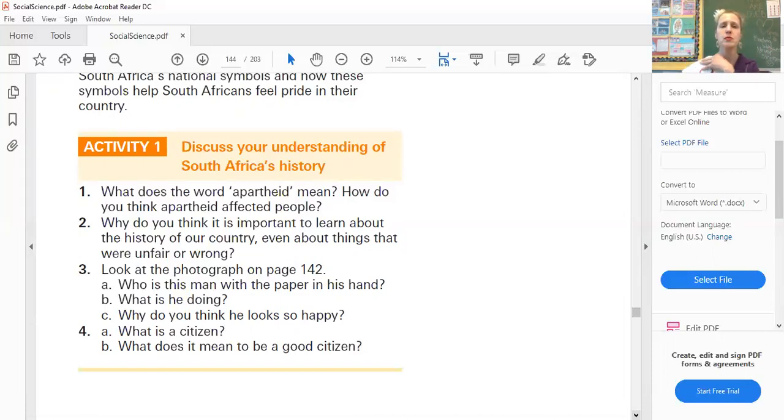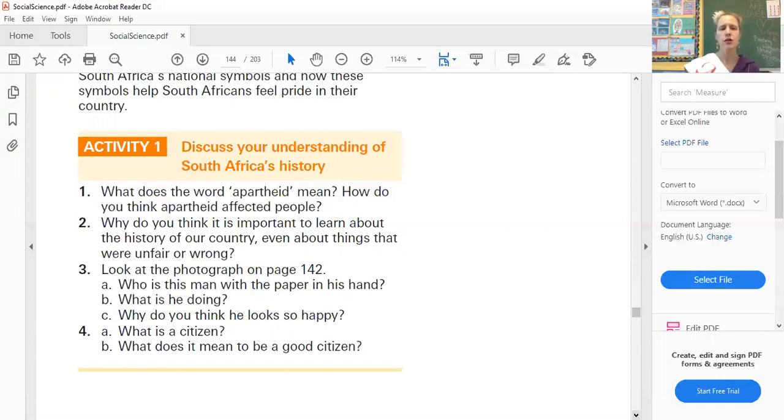Okay, so this is the activity you're going to do in your book today. Activity 1, remember we always have a date, we have a heading, understanding South Africa's history, and then we always have a subheading, which is activity 1, page 143. All right, 1. What does the word apartheid mean, and how do you think apartheid affected people?